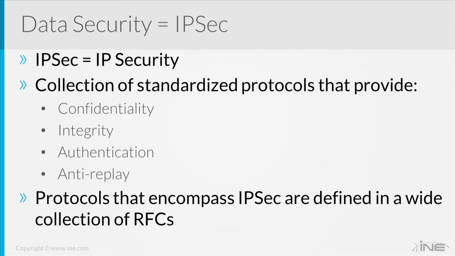If you type in IPsec RFC on Google, you'll see there's a whole collection of RFCs for doing these various different things. Main thing to know though is that IPsec is a standard way of doing this. So if I'm running IPsec on a Cisco router, I should be able to establish a secure connection to a non-Cisco router at the other side. I'm not using anybody's proprietary protocols when I'm doing IPsec.